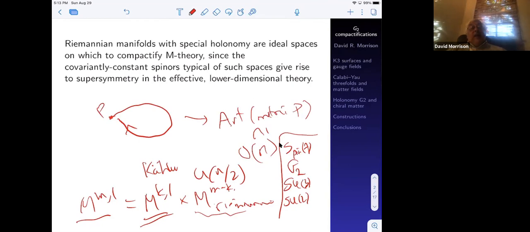So the G2 compactification is a strategy for getting supersymmetric 4-dimensional theories out of the well-known 11-dimensional M theory. There are other strategies for getting supersymmetric effective theories out of M theory and superstring theory and F theory for that matter, but I'm going to focus on the G2 compactification case today.